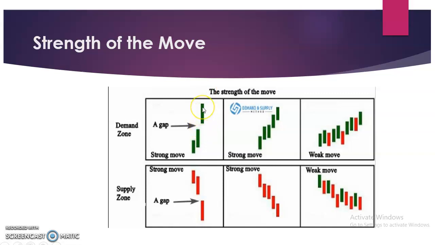It is talking about the urgency of the order by the institutional traders. So it is telling you that institutions are here. Now this is a demand zone, because it's actually on the move, on a rally, it's actually going up.